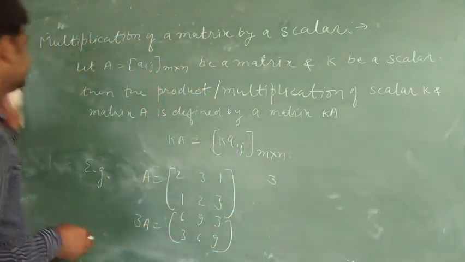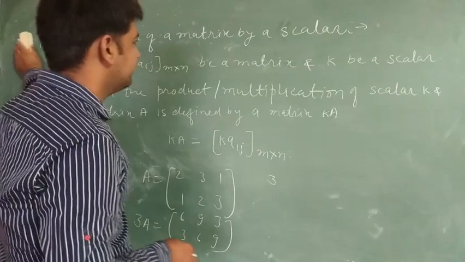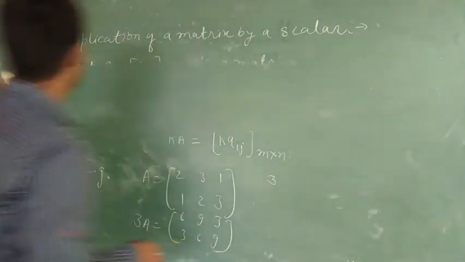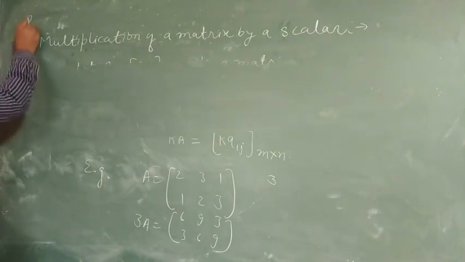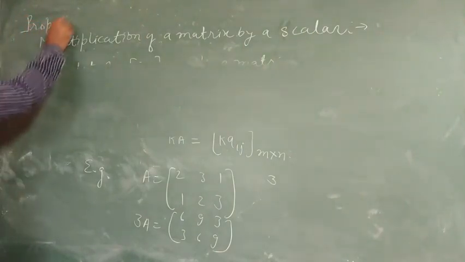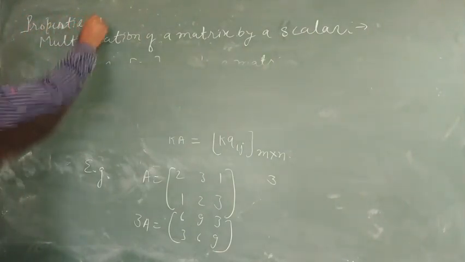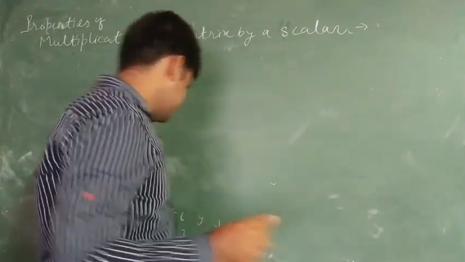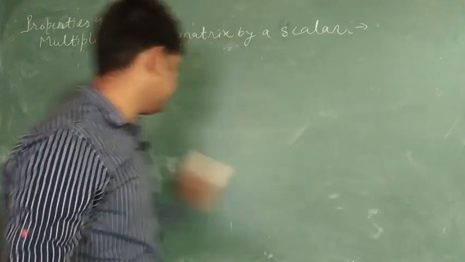Okay, now we can discuss the properties of multiplication of a matrix by a scalar. Dear students, two quick properties we will be taking.